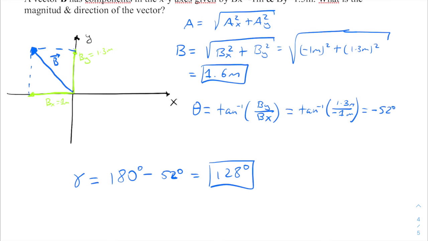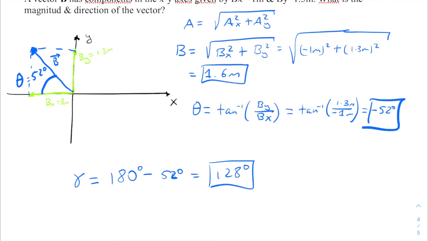But if we're moving opposite to this, meaning from the negative x-axis towards the y-axis, then we are in the negative direction. So this means that our angle is right here, in which theta is equal to 52 degrees. Sorry.